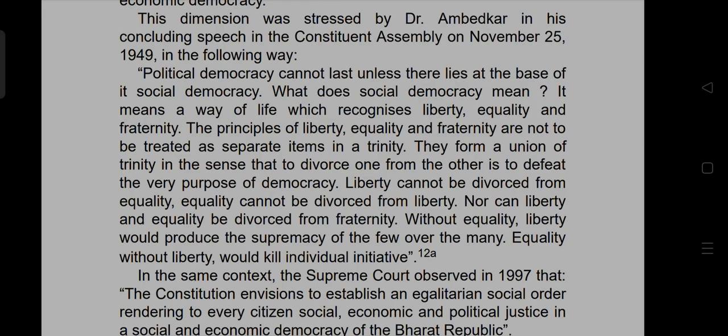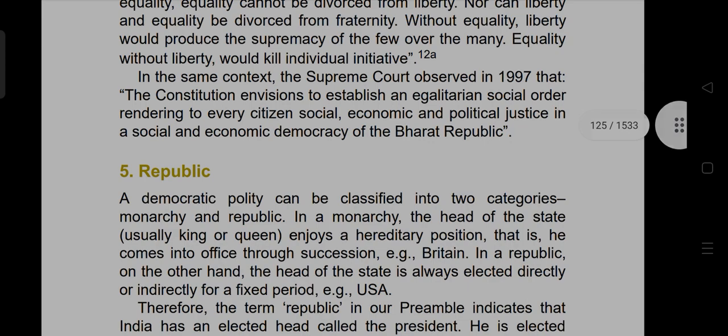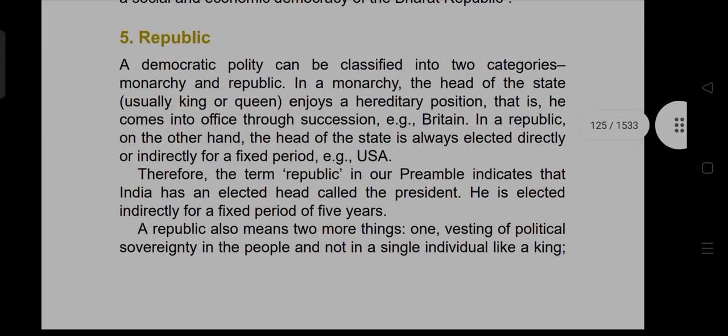Without equality, liberty would produce the supremacy of the few over the many. Equality without liberty would kill individual initiative. In the same context, the Supreme Court observed in 1997 that the Constitution envisions establishing an egalitarian social order, rendering to every citizen social, economic, and political justice in a social and economic democracy of the Bharat Republic.